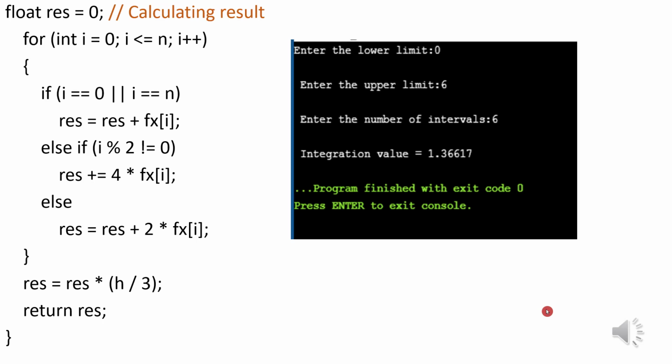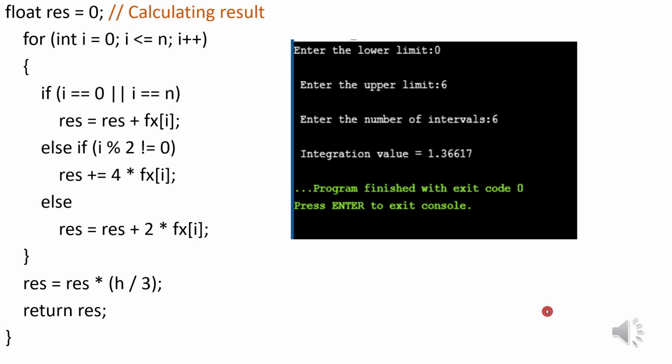Else if i mod 2 not equal to 0, that is, if the i value is an odd number, the statement res equal to res plus 4 into fxi will be executed. This statement is used to calculate the sum of odd ordinates. Else, res equal to res plus 2 into fxi to calculate the sum of even ordinates.